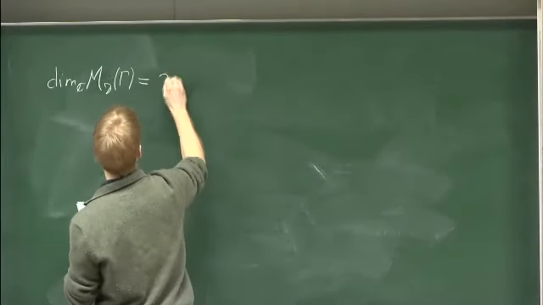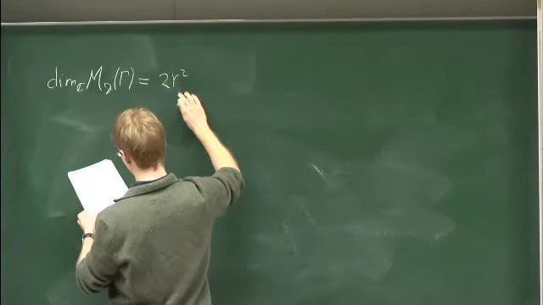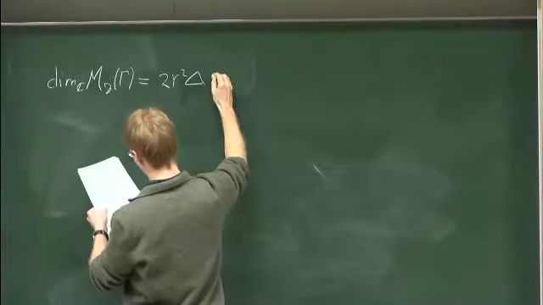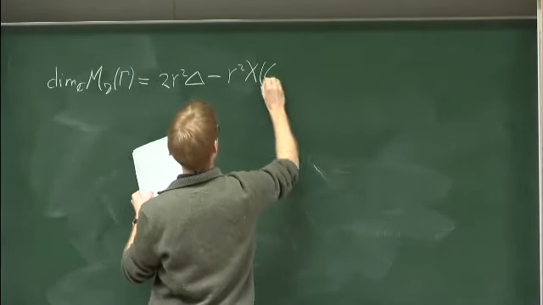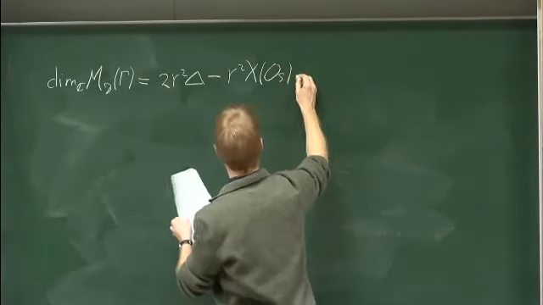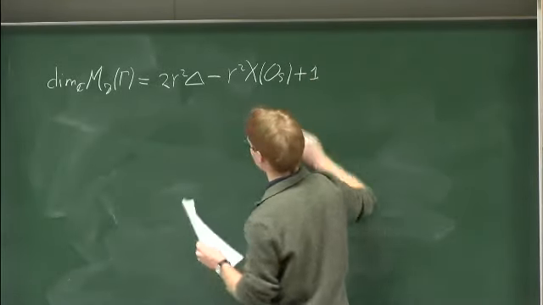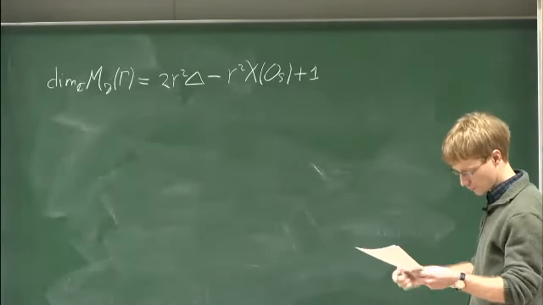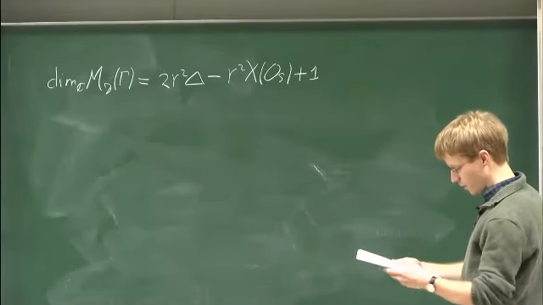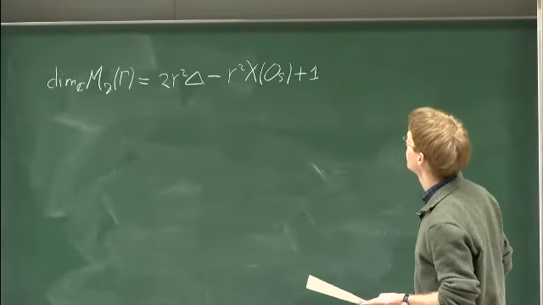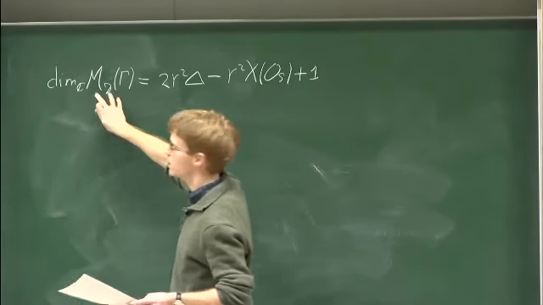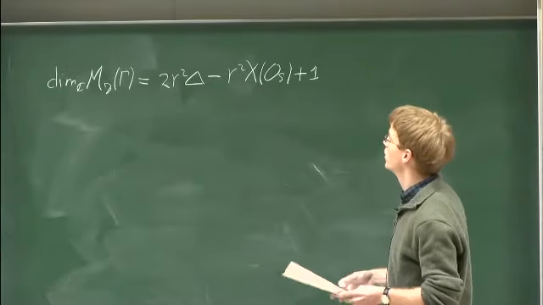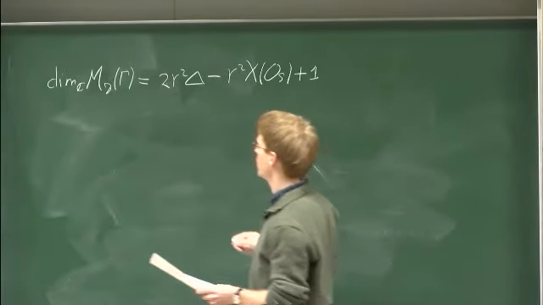This is given by the following formula. It's 2 times r squared times delta minus r squared chi of the structure sheaf plus 1. Now, this is a good space if so-called stable is not equal to semi-stable.